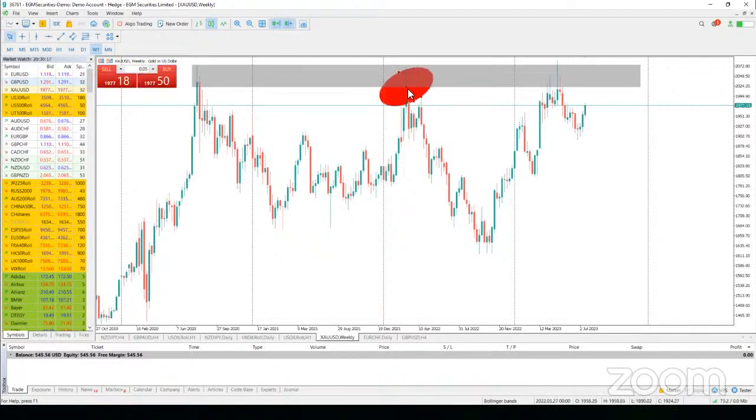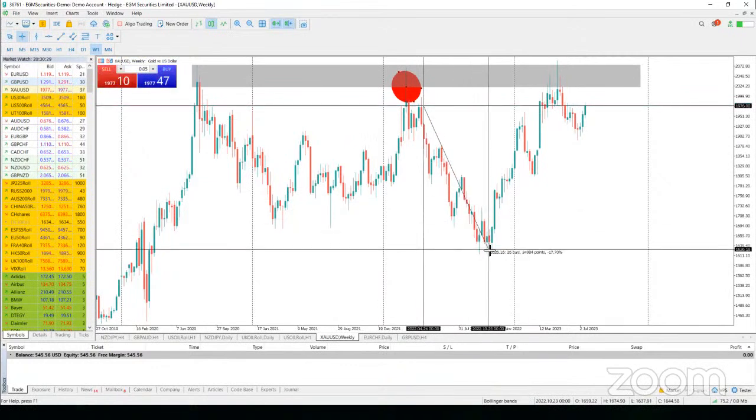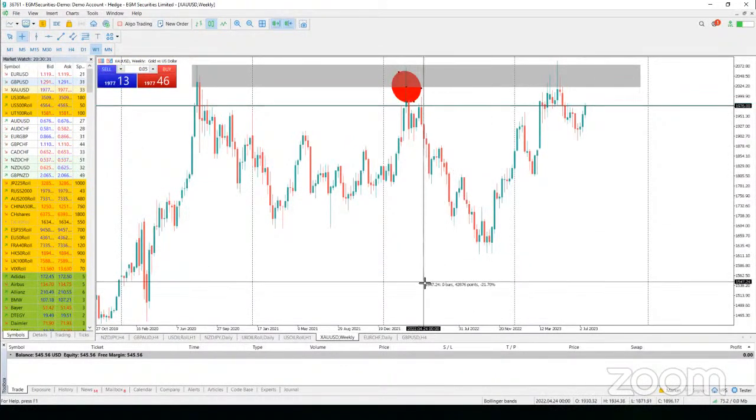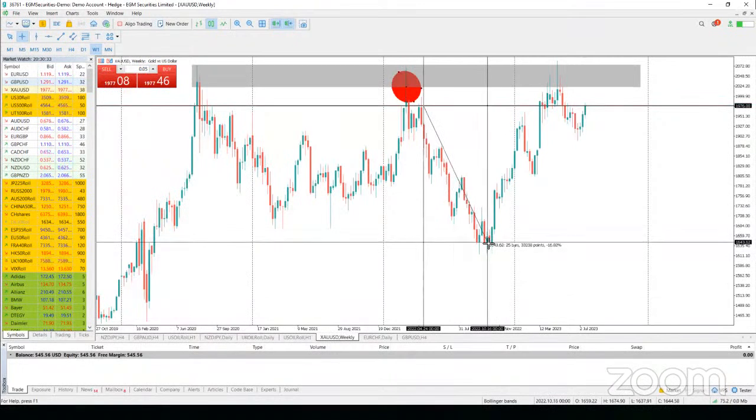See that? Right after that, this one is already into a strong bearish move since April 2022 all the way to October 2022.